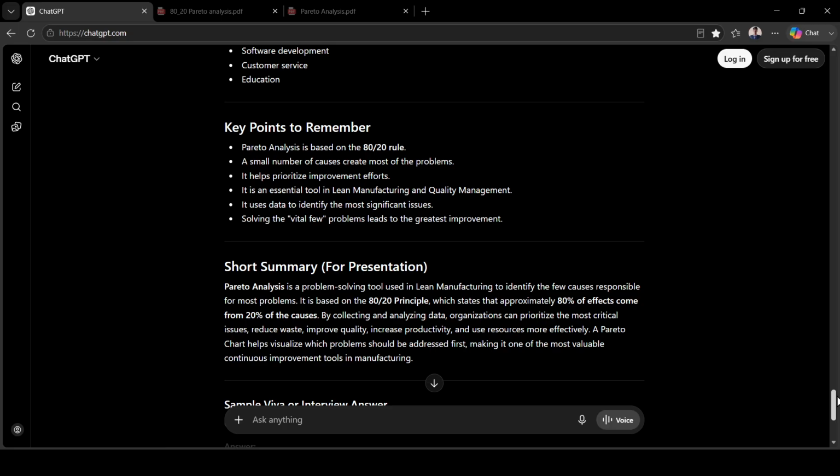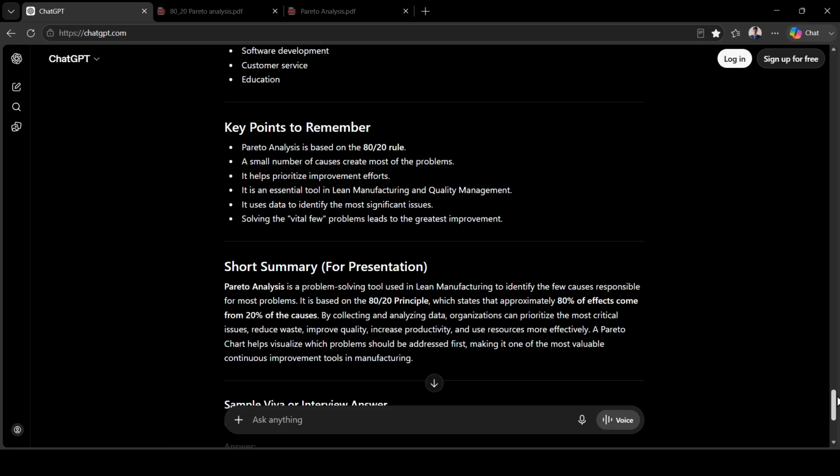A small number of causes create most of the problem. It helps to prioritize improvement effort. It is an essential tool in lean manufacturing and quality management. It uses data to identify the most significant causes. So solving the vital few problems leads to the greatest improvement.